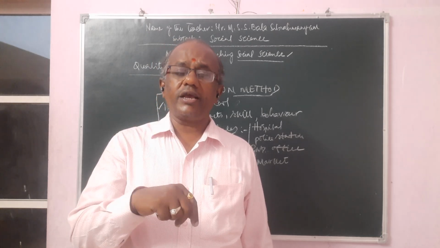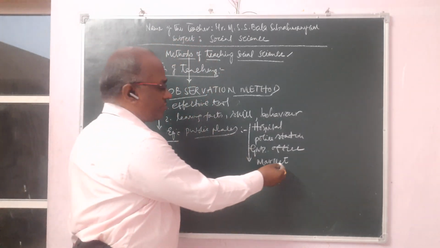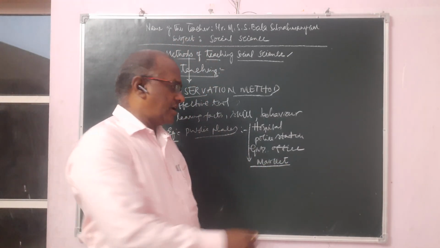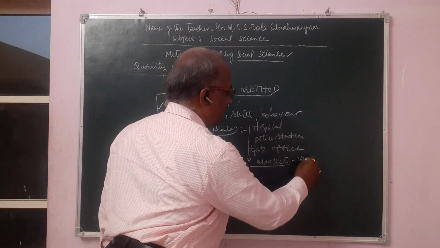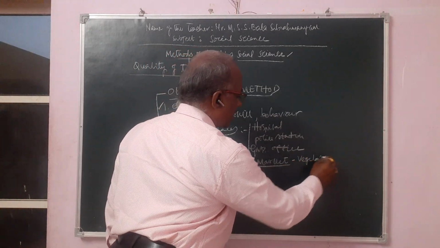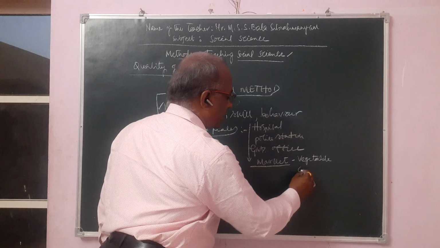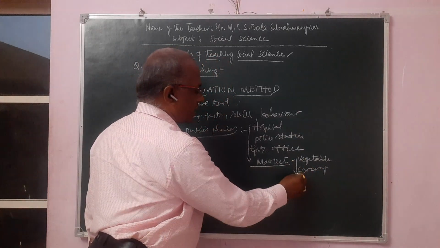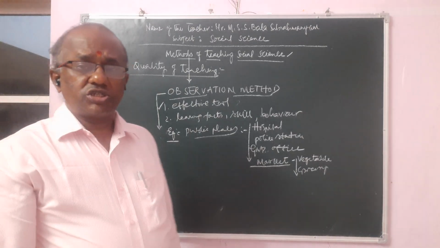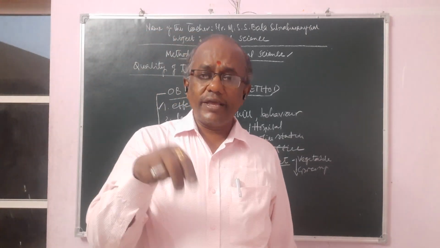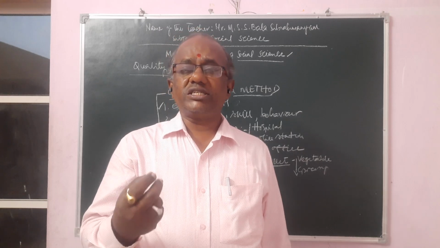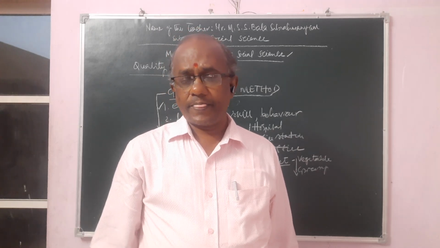But we will make the children active in learning the market-related activities. For example, it may be a vegetable market or a grocery market. In any market, the student will know in person the various methods of measuring quantity.